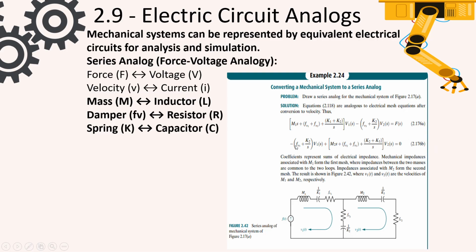The second equation is minus viscous plus K2 over s times V1, plus Ms plus the summation of the viscous plus the summation of the springs over s, multiplied by V2(s), equals 0. And this is our figure.